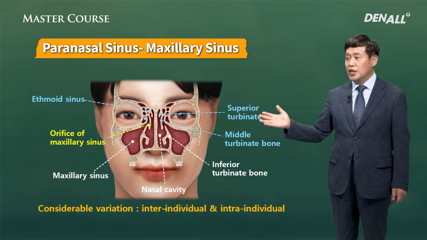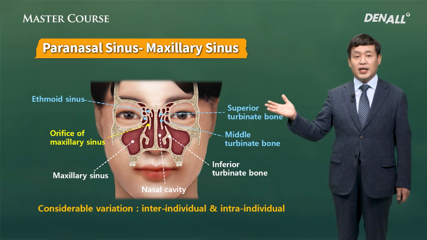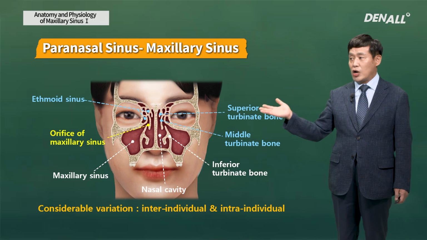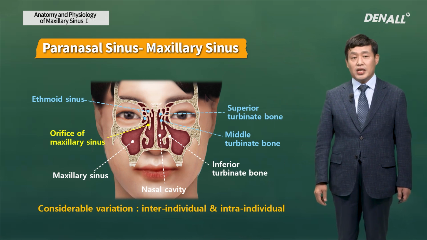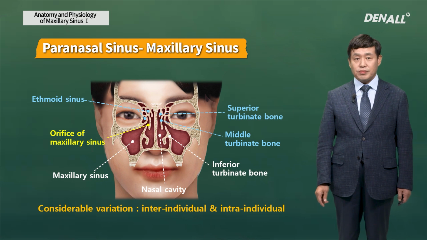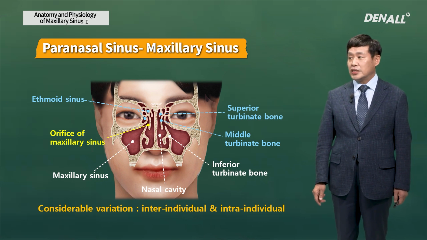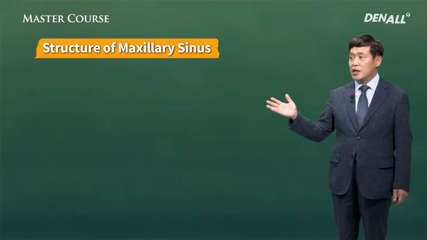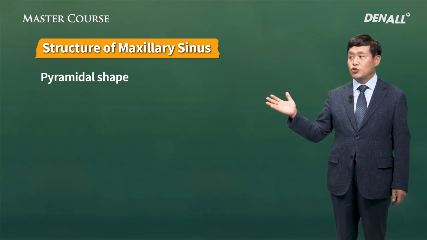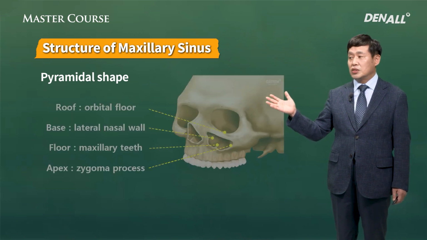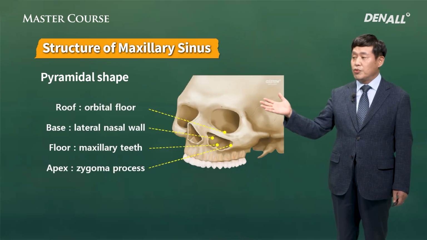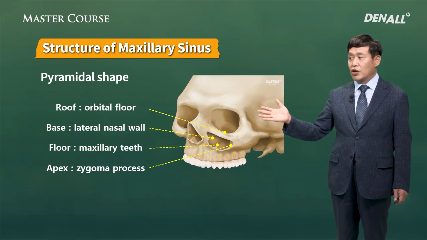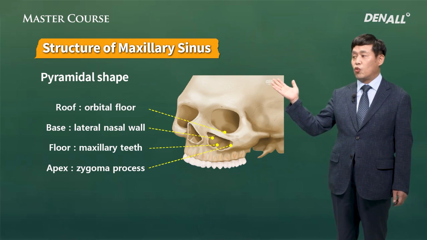As I said before, the size of the sinus is different inter-individually, and there is a difference between the left and the right in the same person. So the shape and size should be checked using the X-ray. As I said before, the shape of the maxillary sinus is a pyramid, in general, the pyramidal shape, the base is in the nasal cavity side, and apex is in the zygoma process.